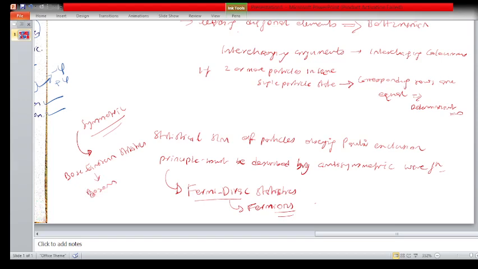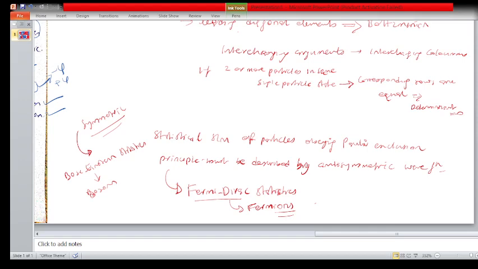So the particles which can be represented with a symmetric wave function are called bosons, and particles represented with an antisymmetric wave function are called fermions, because bosons obey Bose-Einstein statistics and fermions obey Fermi-Dirac statistics.